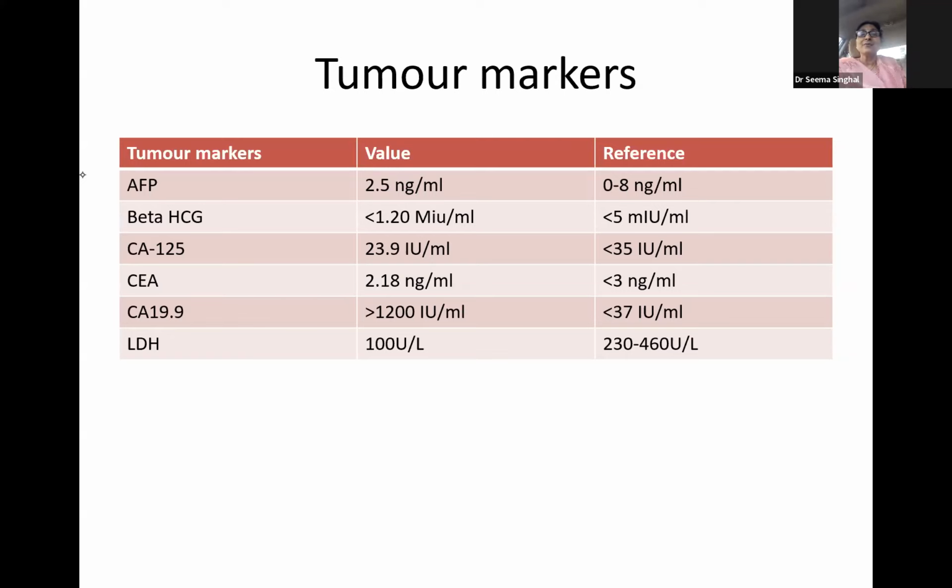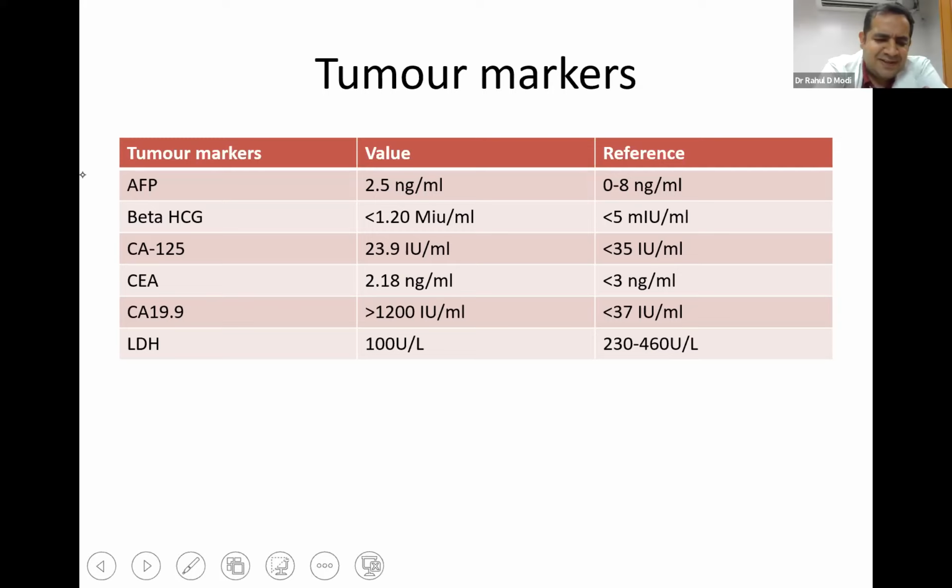Dr. Modi, from your side, I think. Yeah, I also will summarize on the same front as Dr. Seema has done. Nikhil, it is very important to understand that fertility sparing is not the standard of care. It is just a deviation which you are taking because the patient is unmarried and probably has ambitions of fertility.